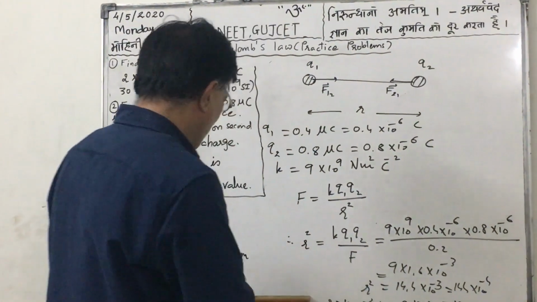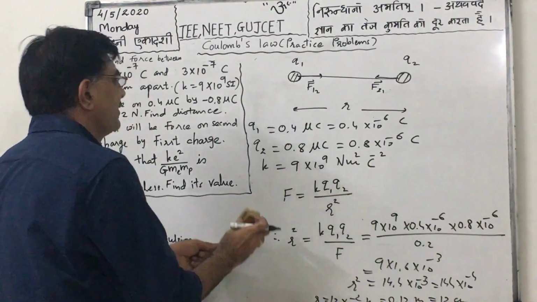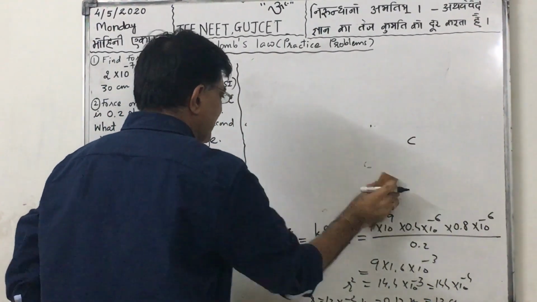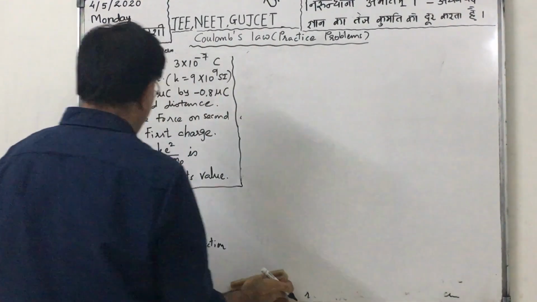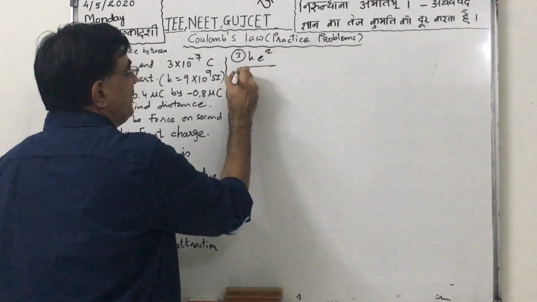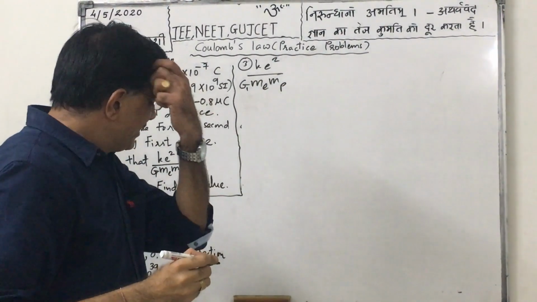Now, finally, the third is this. We have to prove that G K E square upon G M E M P is dimensionless. That we can prove in two ways.